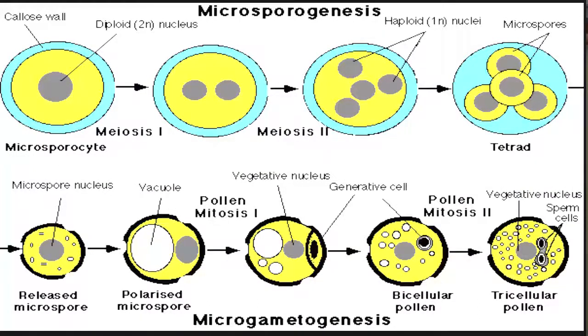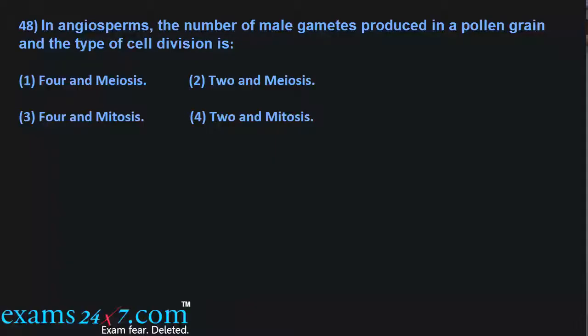Microspore tetrad is a result of microsporogenesis due to meiosis. And in the pollen grain, 2 male gametes are produced from generative cells as a result of mitosis. So the answer is option 4, which says 2 and mitosis. Now we move on to the next question.